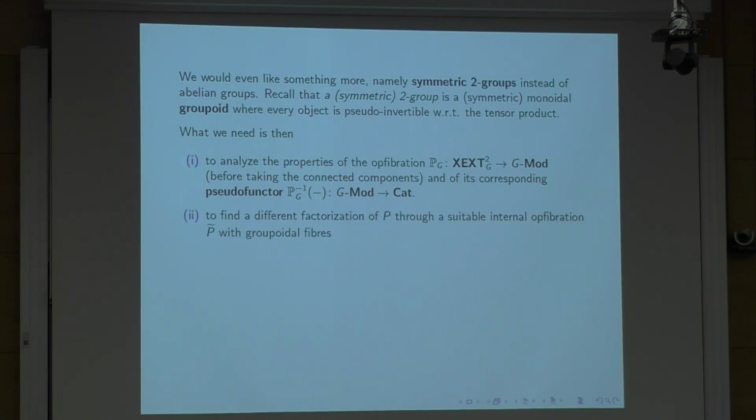And the second step, we need to find a different factorization of P through a suitable internal opfibration P tilde with groupoidal fibers, because we want to have 2-group structure over your fibers, and so you need groupoids, because any 2-group is, first of all, a groupoid.